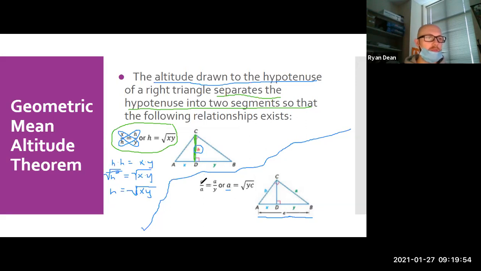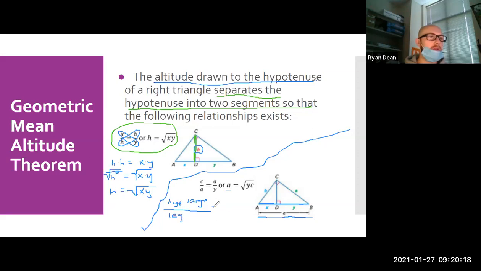So C is this long length down here. It's the hypotenuse. So if I wrote this in words, I'd have the hypotenuse of the large triangle, and then that's going to be divided by just one of the legs, the leg that I'm looking for.